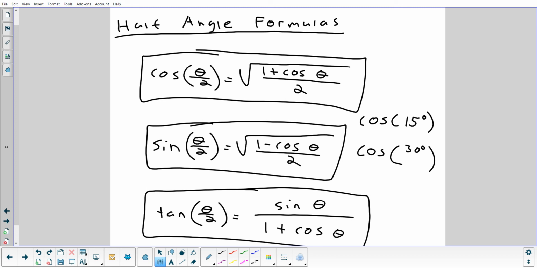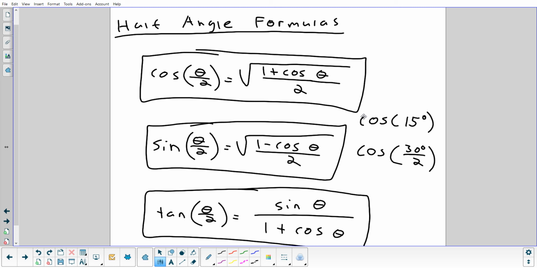You could figure out the cosine of 15 that way. And maybe that's simpler than doing cosine 45 minus 30. It's up to you. But it does give you some more ways to figure out different things. And we don't go through the proofs of these identities. Okay, any questions on that?